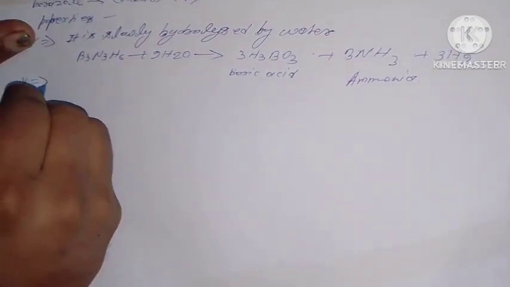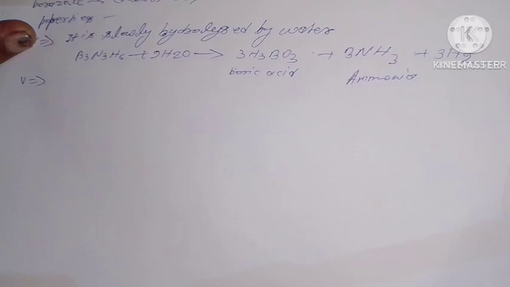Fifth point, it forms an adduct with hydrochloric acid, which on heating at 50 to 100 degrees Celsius gives beta trichloroborazine.